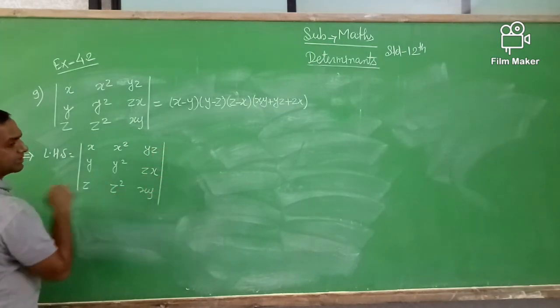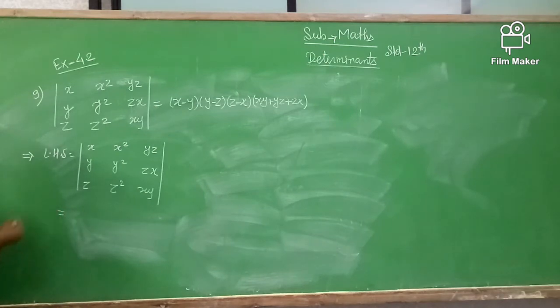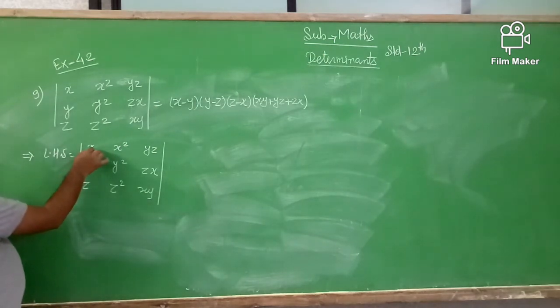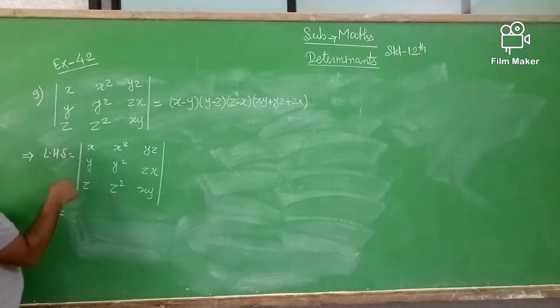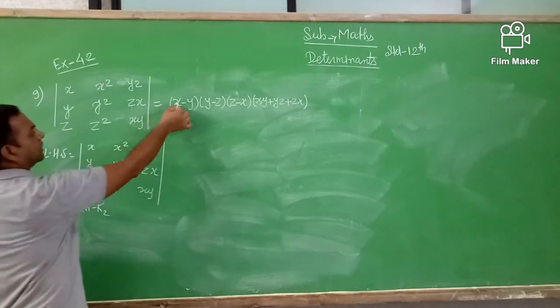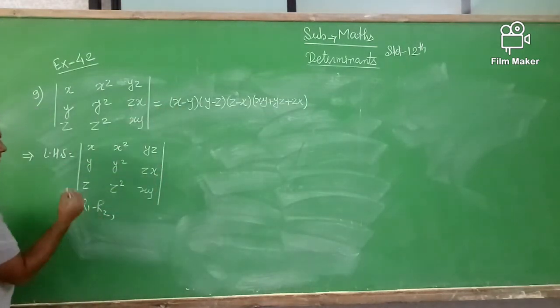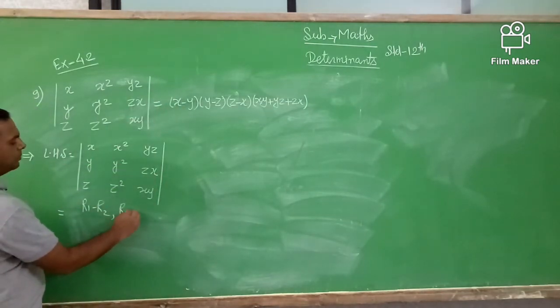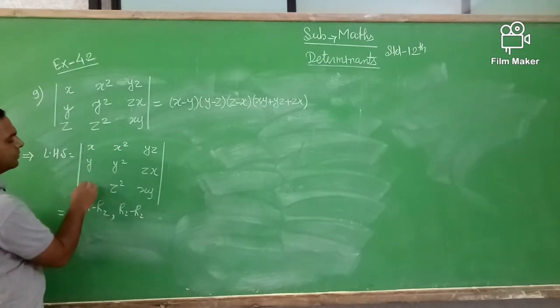These are the elements. We take the first row, so r1 minus r2. First I take r1 minus r2 because x minus y is common here. Then take r2 minus r3 because y minus z.